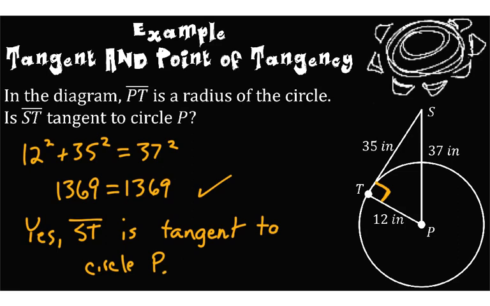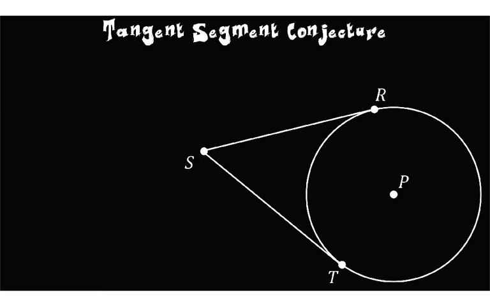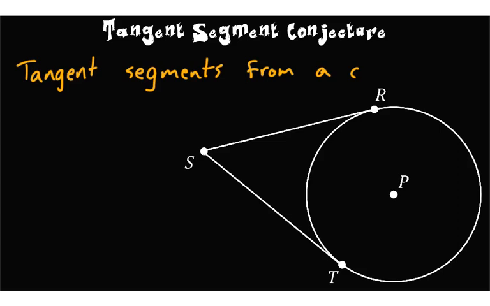All right, now let's look at the tangent segment conjecture, which says tangent segments from a common external point are congruent.